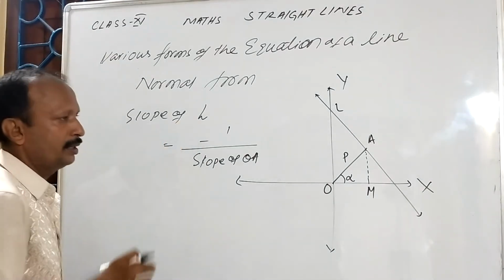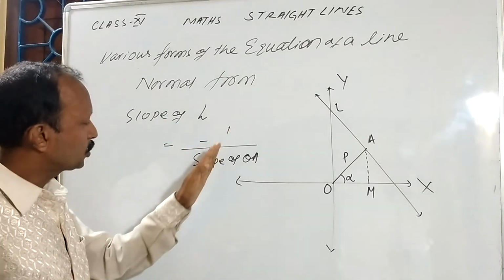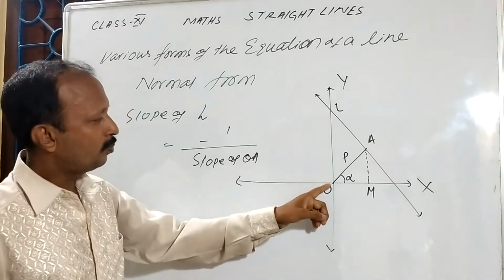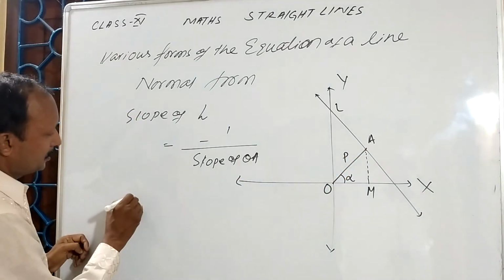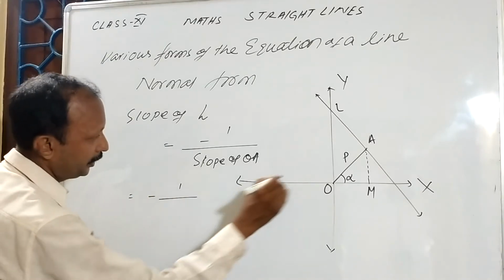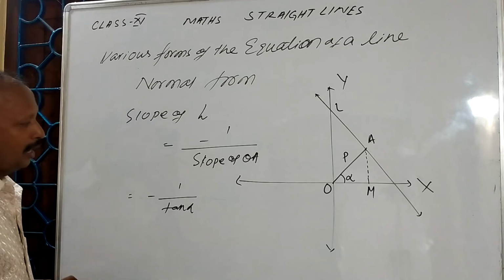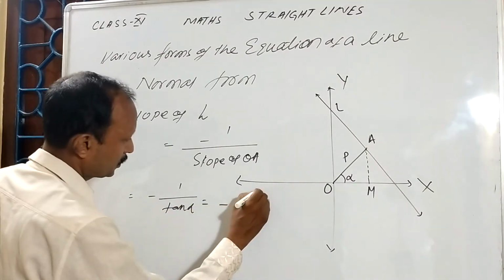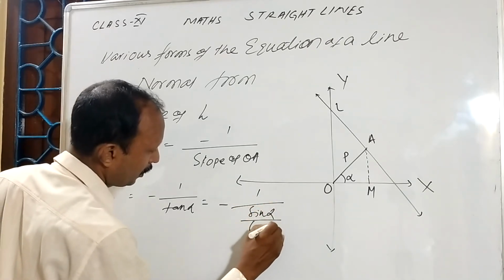So I have written the slope of the line L is equal to -1 by the slope of OA, the slope of this perpendicular line. So I can say that this is equal to -1 by tan alpha, or I can write that this is -1 divided by sin alpha upon cos alpha.